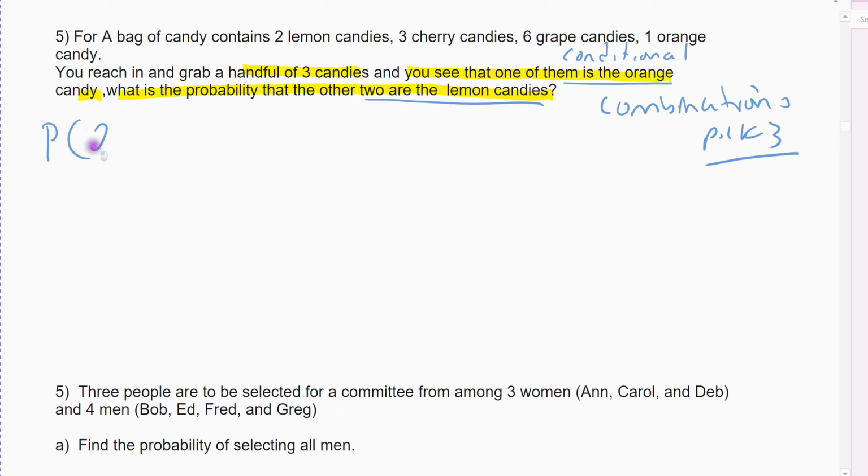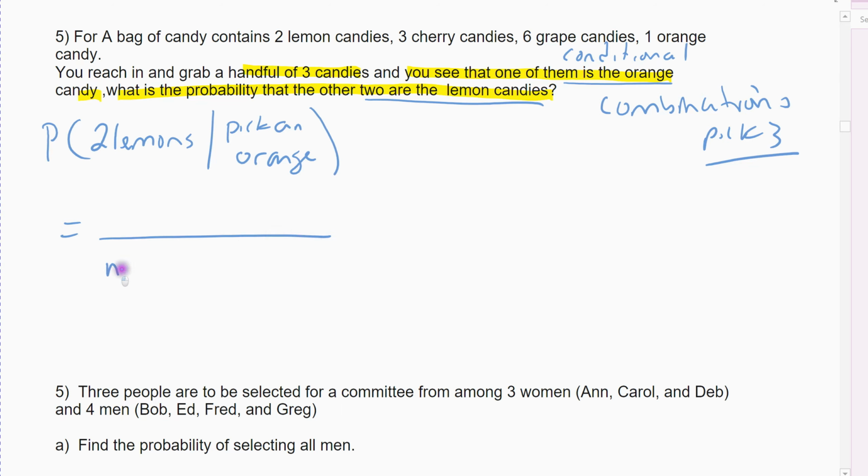So the probability that I get 2 lemons in my handful, given we picked an orange. The only orange, there's just 1. The conditional probability formula is we divide by the given. The bottom statement is all the groups with an orange candy.